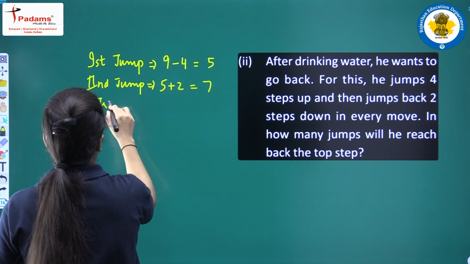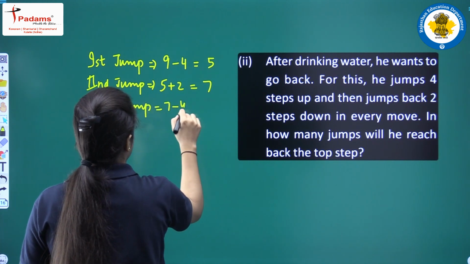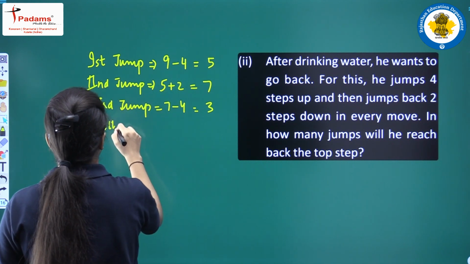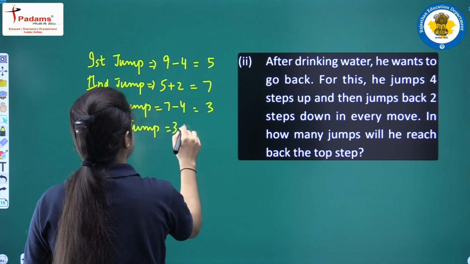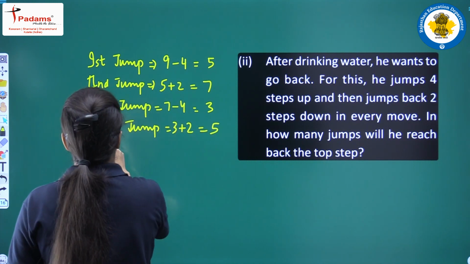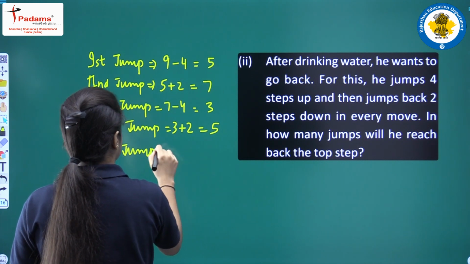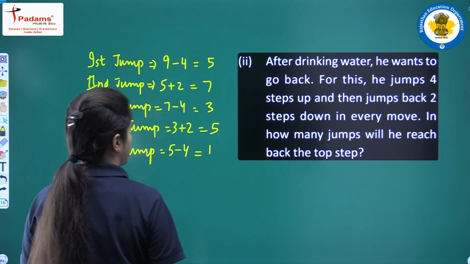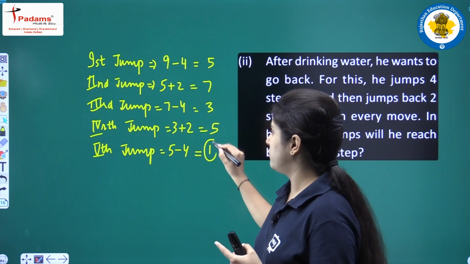In the third jump you are stepping up by 4 steps, that is 3. After fourth jump you have stepped down by 2 steps, and after fifth jump you have stepped up by 4 steps, that is 1.